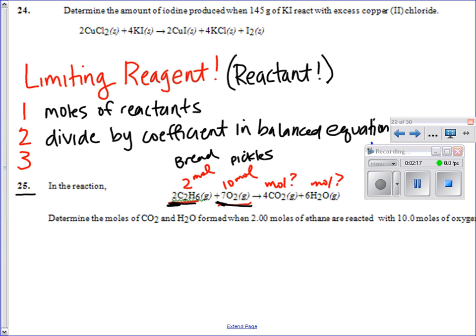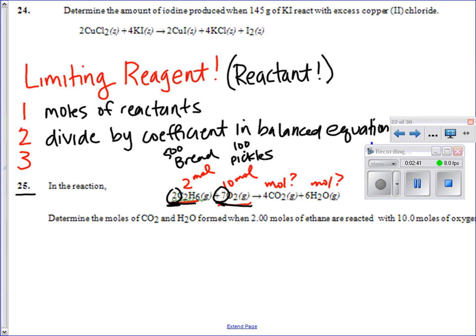If I had like a big loaf of bread and say I had 500 slices, and then I had a jar of pickles that maybe only had 100 pickles in it. The reason we're dividing by the coefficient in the balanced equation is because that's telling us how much bread and how many pickles we need per sandwich.